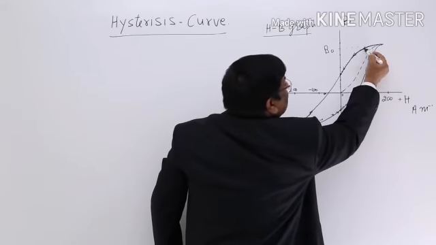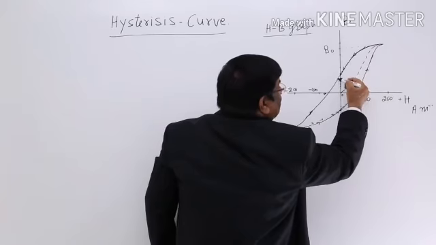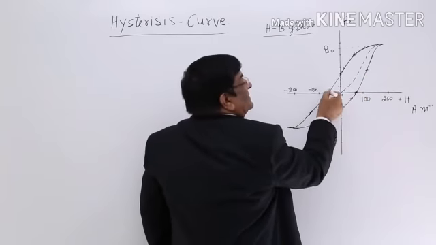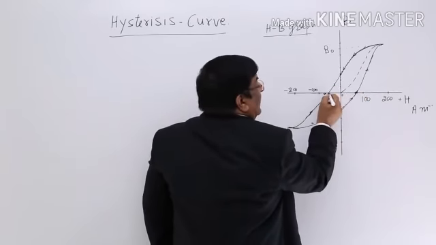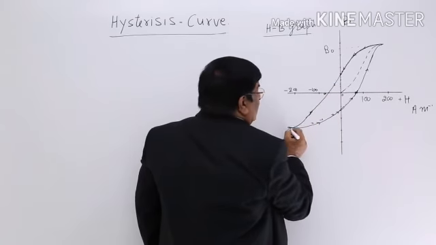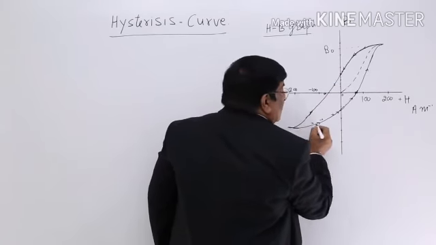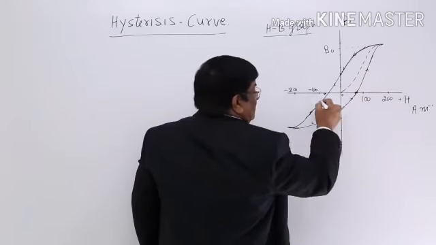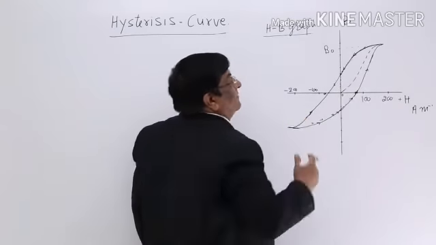Now this is demagnetization. Here, what is the value of B here? 0. Demagnetization done. Again magnetization in this direction. Magnetization, again demagnetization, again magnetization, demagnetization, magnetization, demagnetization.